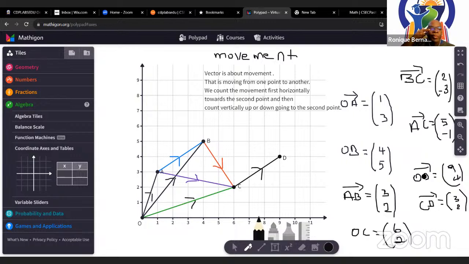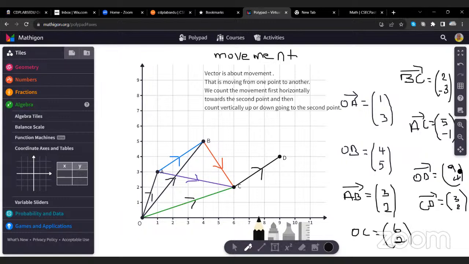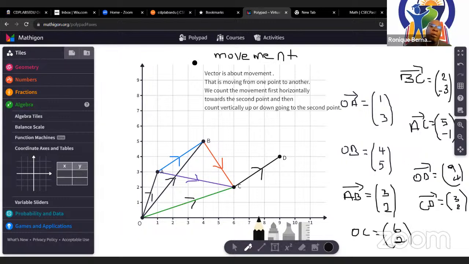Just draw a column, a table, and write down the vectors with O in this column and the other vectors in this column.